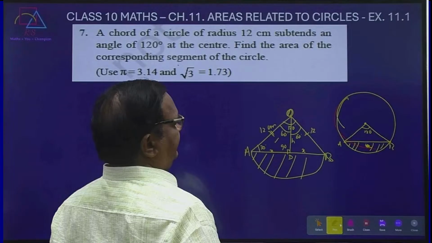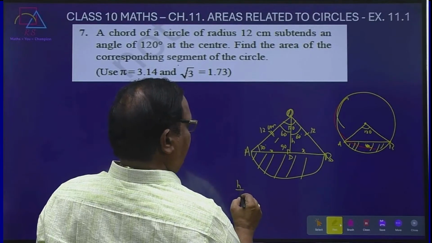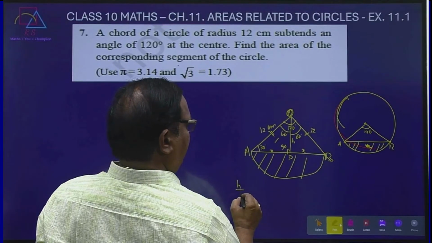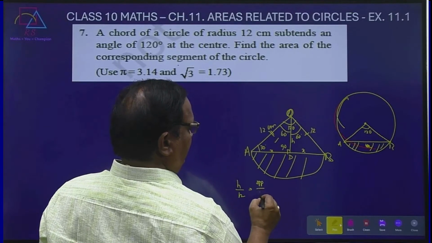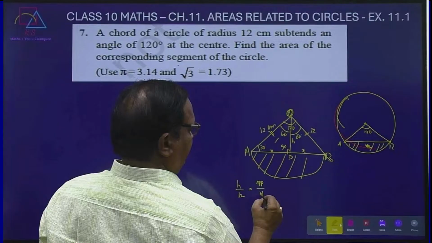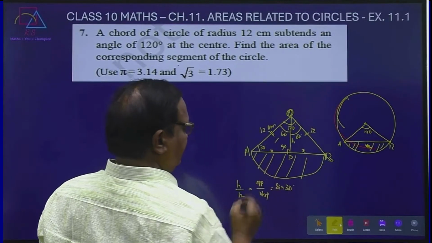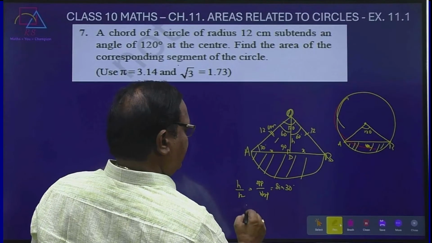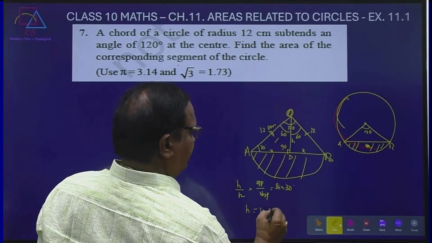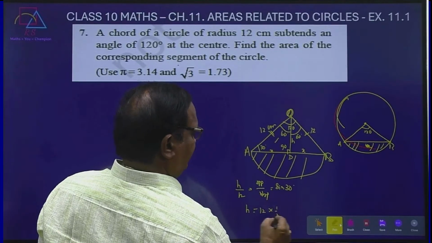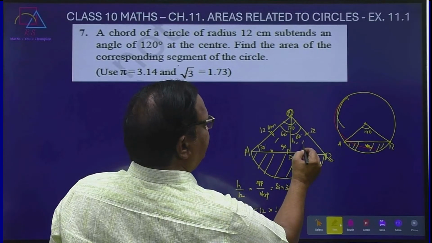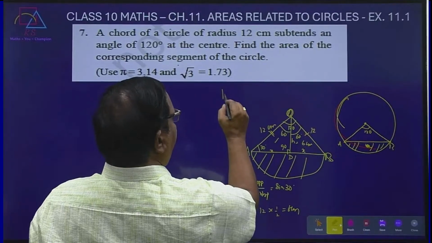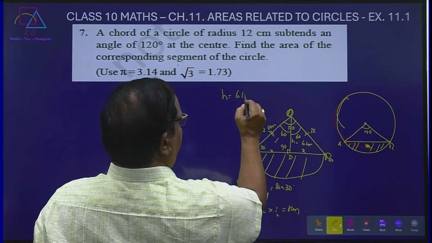So h by 12, opposite side by hypotenuse, is equal to sine 30 degrees. So h is equal to 12 into sine 30, which is half, equal to 6 centimeters. Height is equal to 6 centimeters.